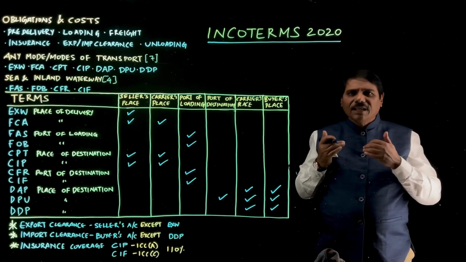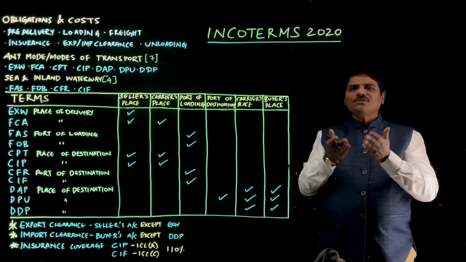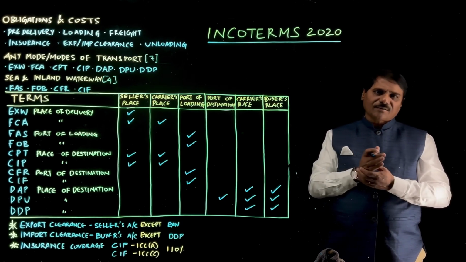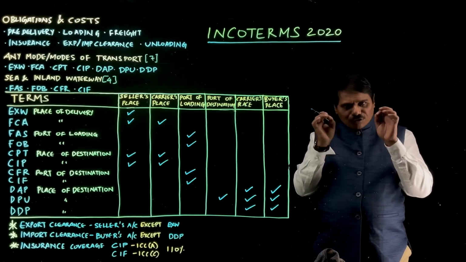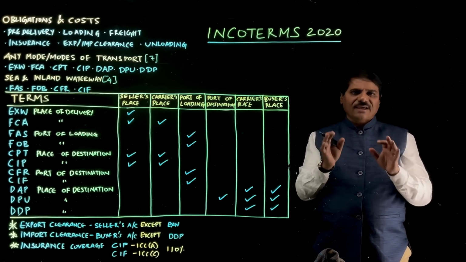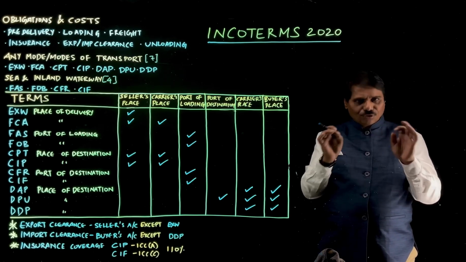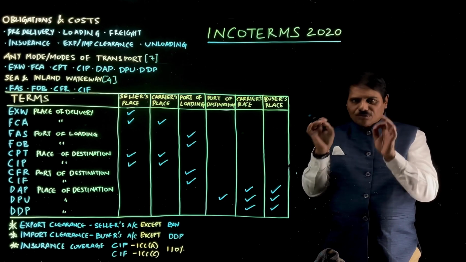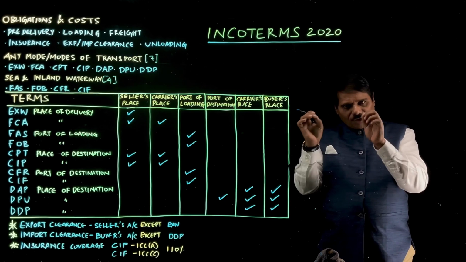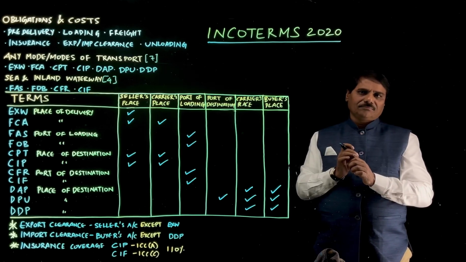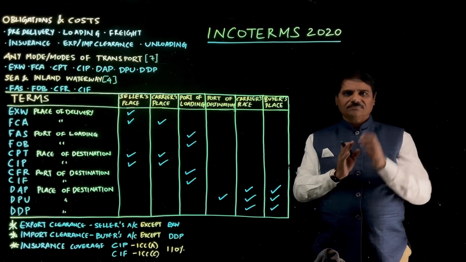So where you want to deliver, if you don't mention, then there is no meaning for the $10 per metric ton. So you have to specify, even if it is Ex Works, ex warehouse, in your factory, ex showroom, you have to clearly mention. So $10 per metric ton, FCA, Mumbai.